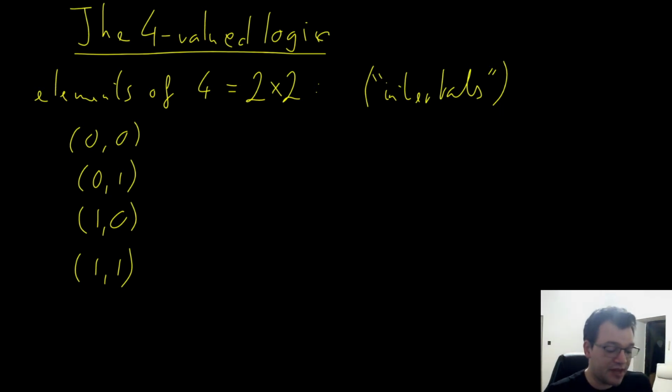Now, what's the meaning of these if you just consider these to be intervals? So, for example, 0,0 is a closed interval that contains only the single classical bit of 0, so it might be reasonable to call this value the false value of the 4-valued logic.